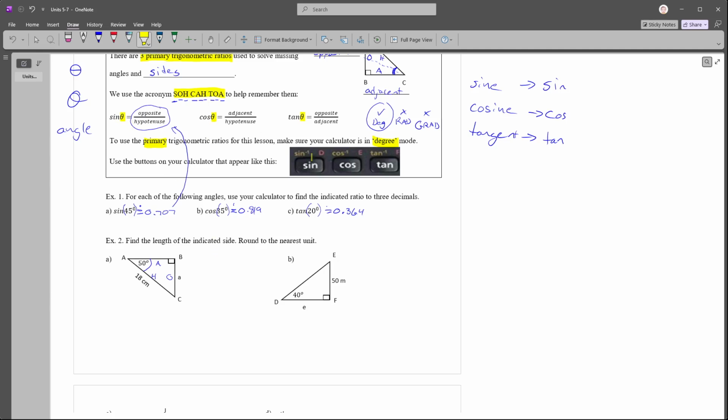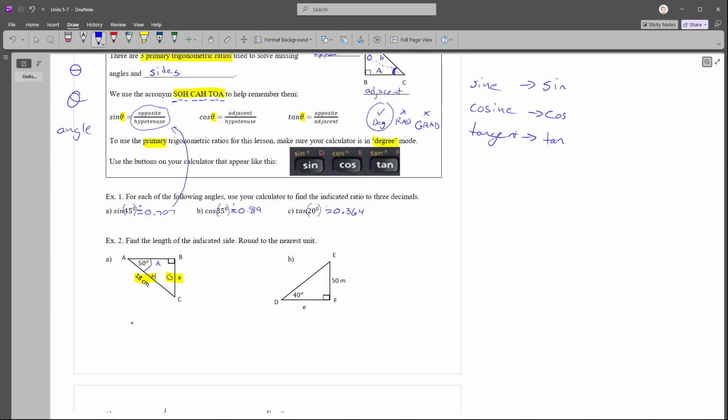Sine, cos, or tan? That all depends on what I'm looking for and what I have. In this case, I have the hypotenuse, but I'm looking for the opposite. So I'm dealing with O and H. So then I go to SOHCAHTOA and say, which ones have O and H? Oh, sine has O and H. So that's the term I'm going to use.